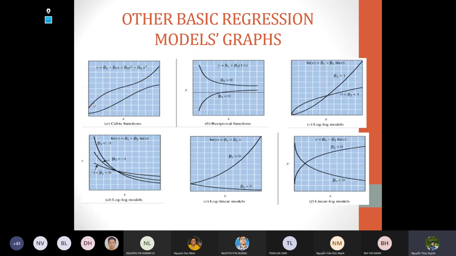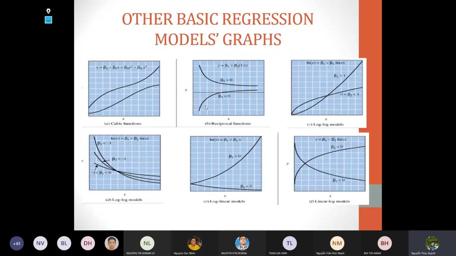If y is a cubic function of x, then the graph of y will be like this or like this. If y is a reciprocal function of x, then the graph of y will be like this.